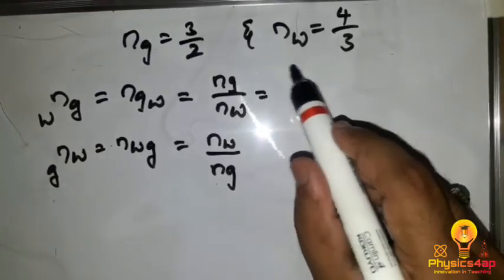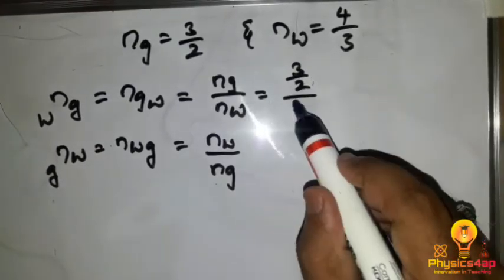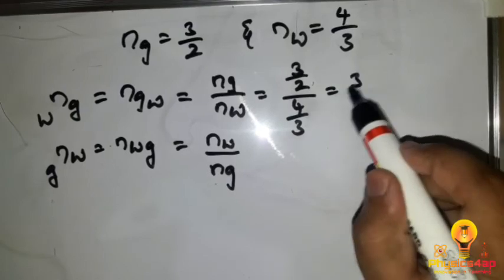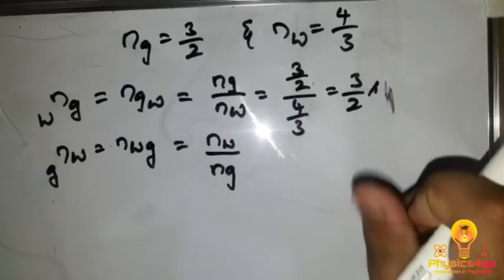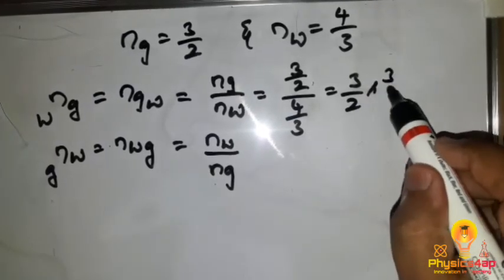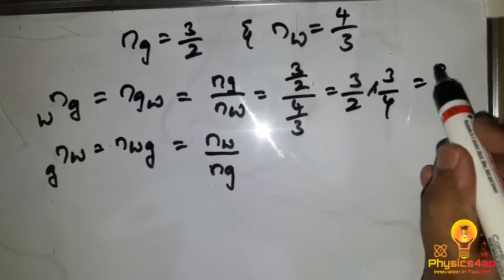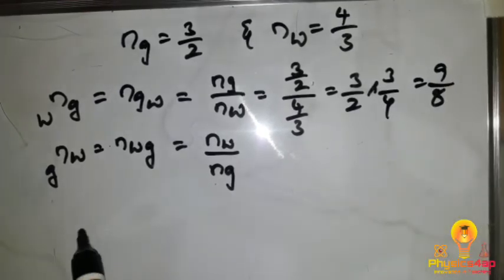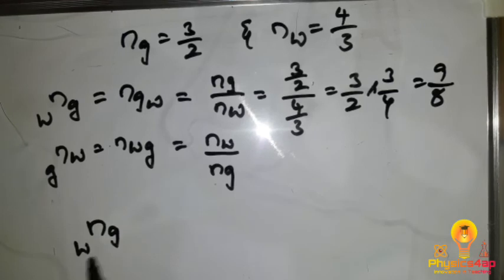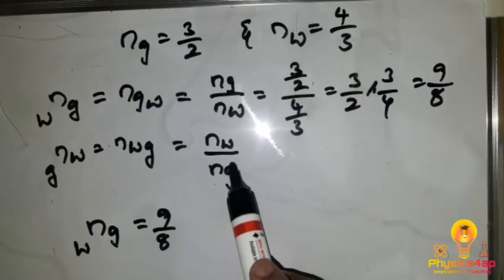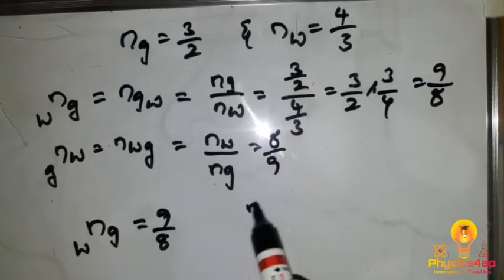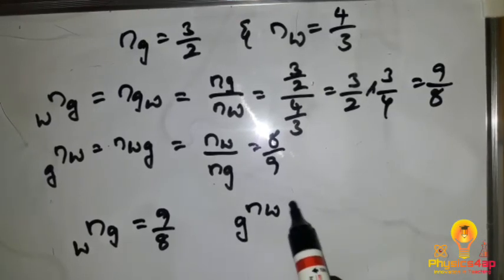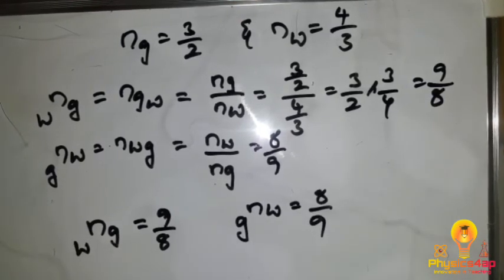Ng is 3 by 2 and Nw is 4 by 3, so 3 by 2 into the reciprocal, 3 by 4. 3 threes are 9 by 8. So the refractive index of glass with respect to water is 9 by 8. The refractive index of water with respect to glass is the reciprocal of this, so we get 8 by 9.